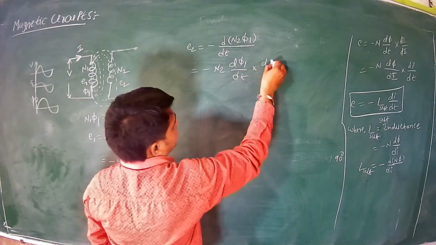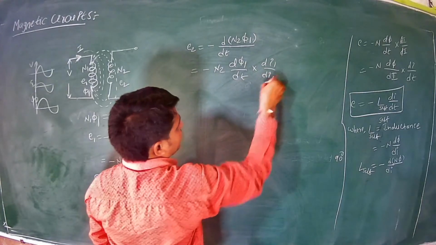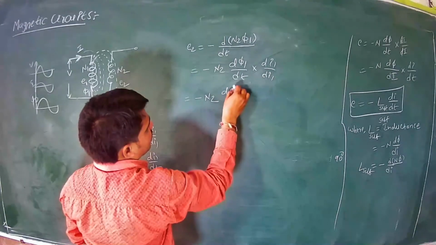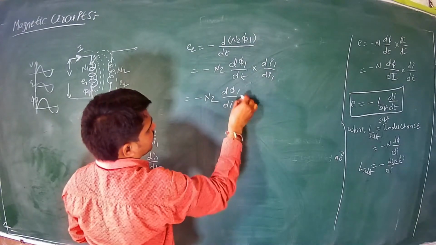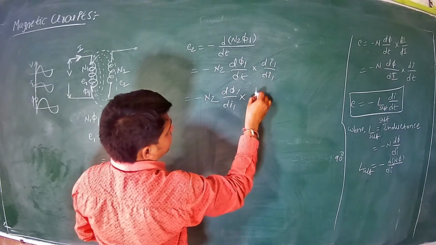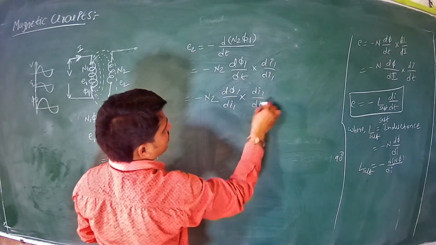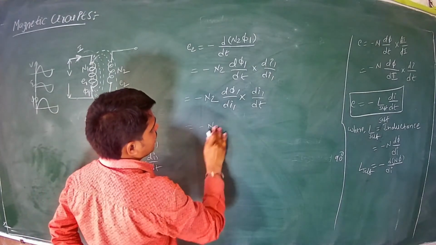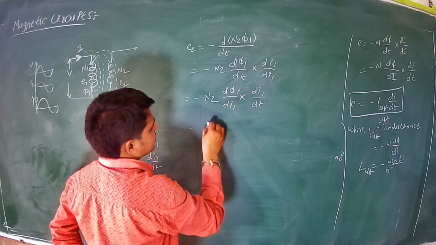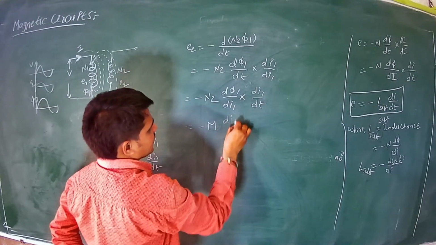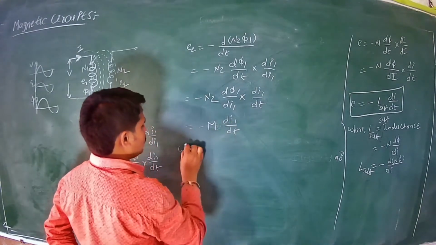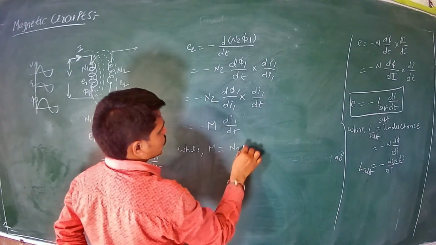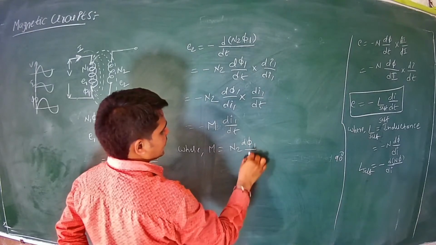Now multiply and divide with di1 by di1. That means minus N2 into d phi1 by di1 into di1 by dt. Here N2 into d phi1 by di1 is written as M, where M is equal to N2 into d phi1 by di1.